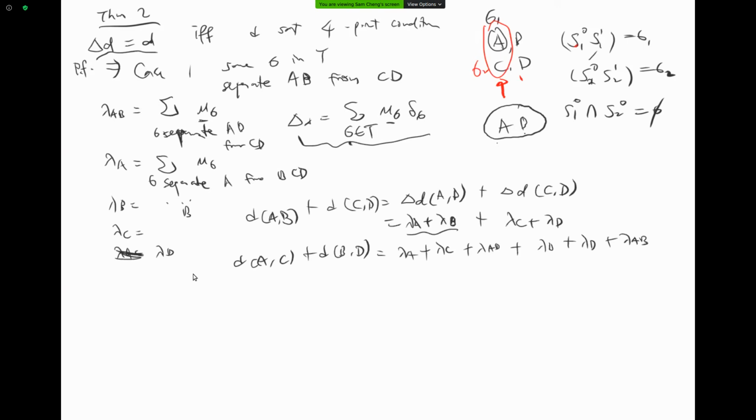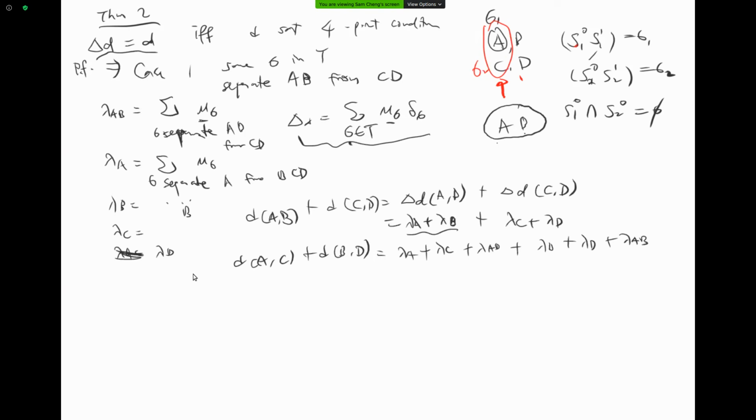And similarly, I will have D AB plus D CD, which is lambda A, lambda C, I already did that, I guess.